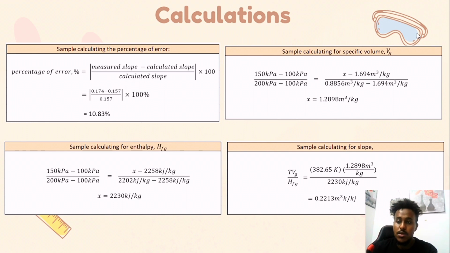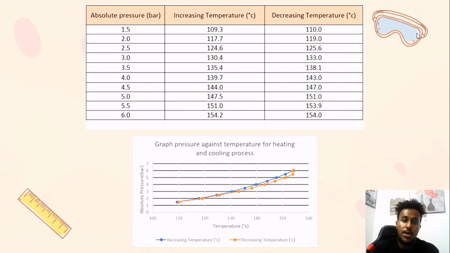Next, absolute pressure in bar, increasing temperature, decreasing temperature, and the graph of pressure against temperature for the heating and cooling process. When absolute pressure goes down, temperature will go up.